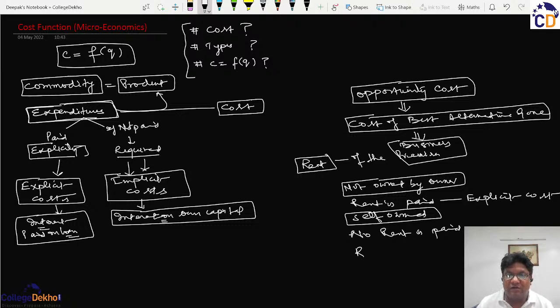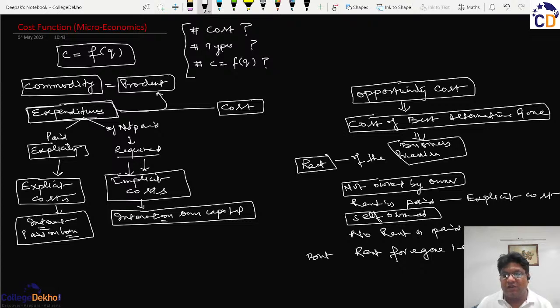So the rent foregone, जो rent आपको नहीं मिला, that is the rent that could have been received. That is the rent that could have been received if the property was let out.